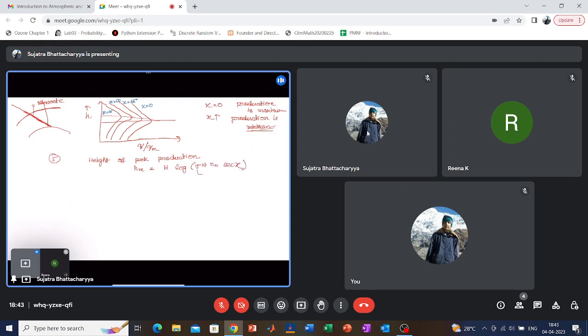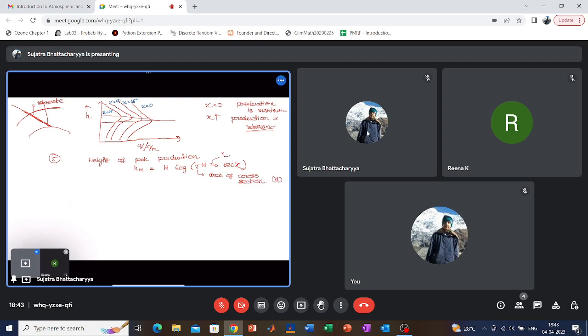What you can see is that this σ is the area of cross section, which generally we have written in the earlier session as A, the same thing. H is the scale height, n_0 is the number density, and sec χ, you know.